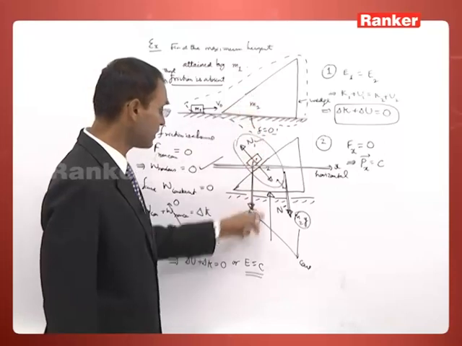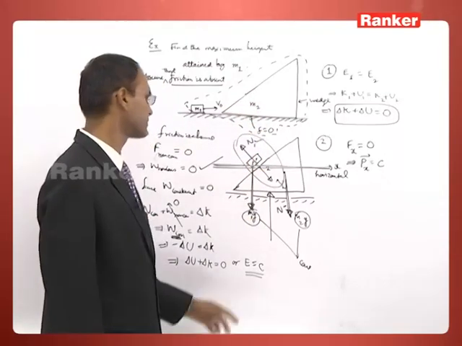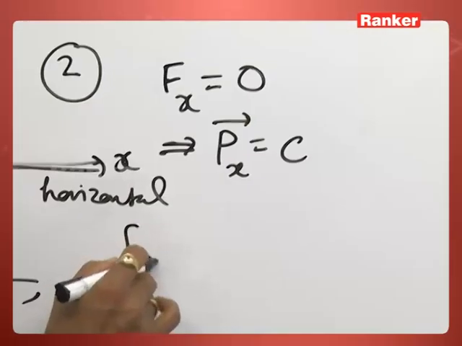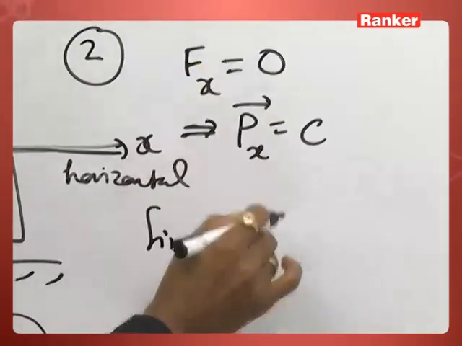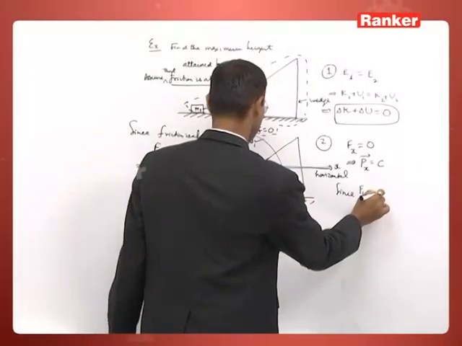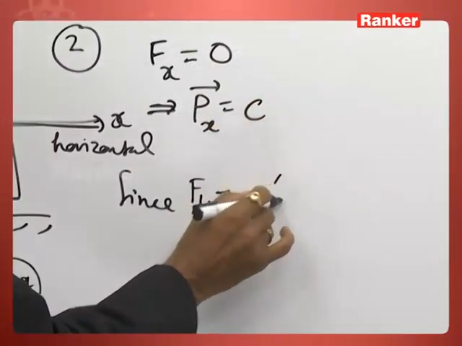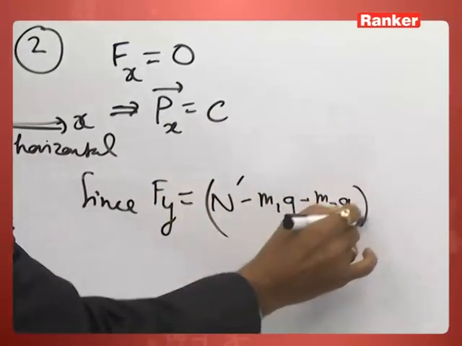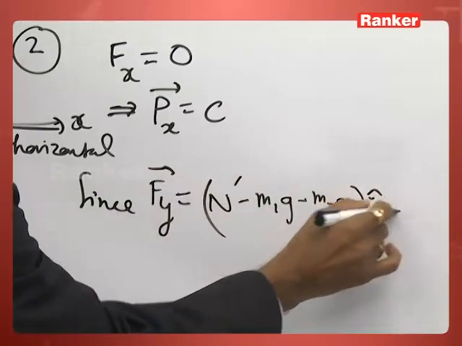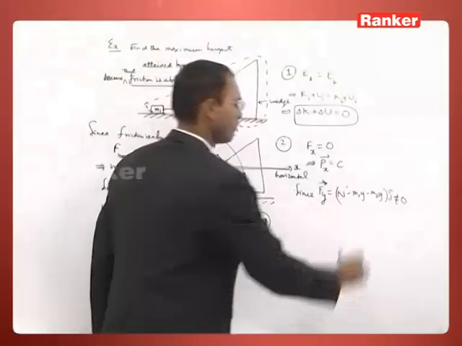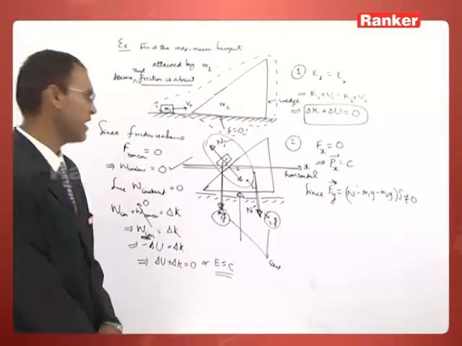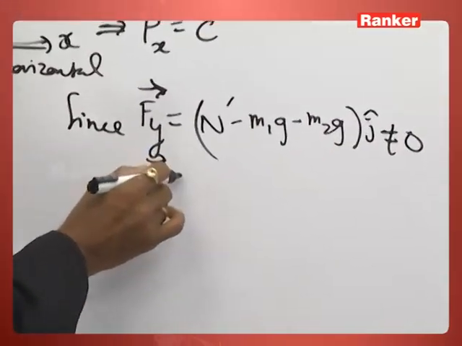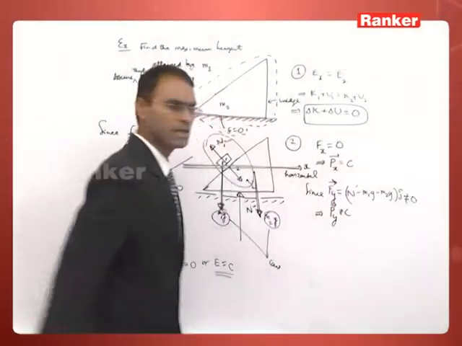But you cannot conserve the vertical momentum of the system, because net vertical force, that is Fy, is equal to N' minus m1g minus m2g in j cap, which is not equal to 0. Therefore, vertical momentum cannot remain conserved.